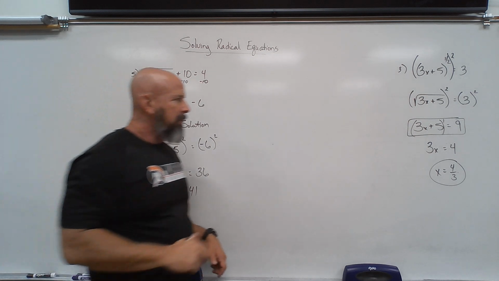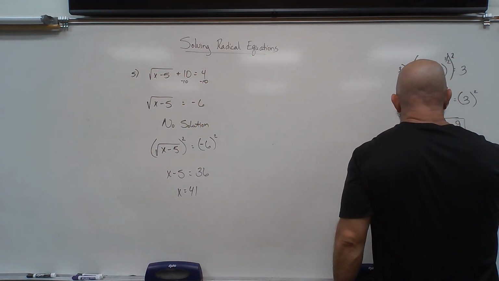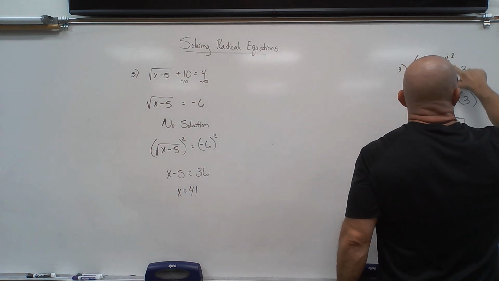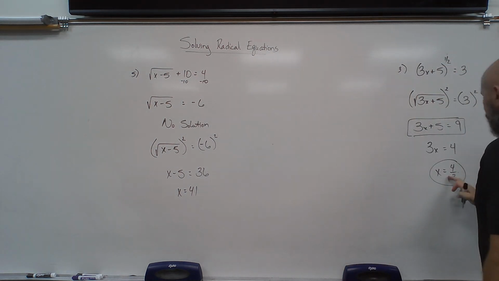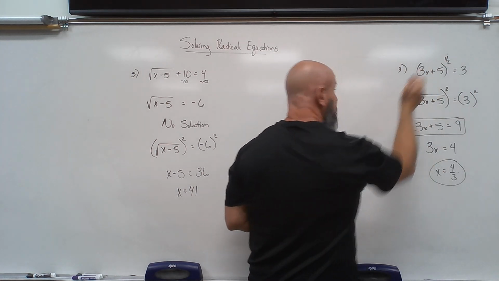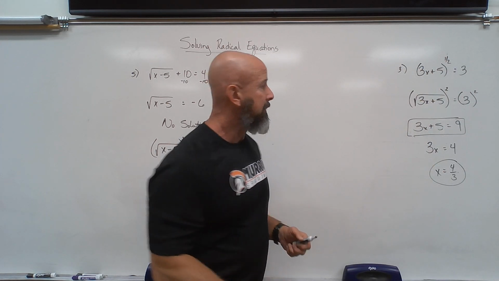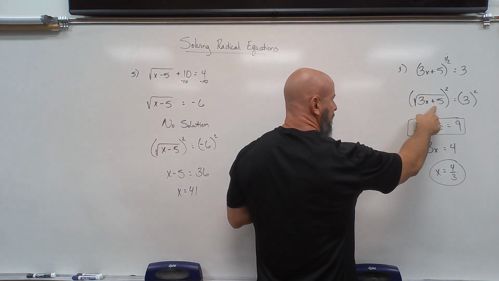So for example, this one that's still on the board, kind of back the way it was. I got an answer of 4/3. So that means if I were to put 4/3 back in for x, it better work. Well, let's check it. 4/3 times 3 is 4, plus 5 is 9.